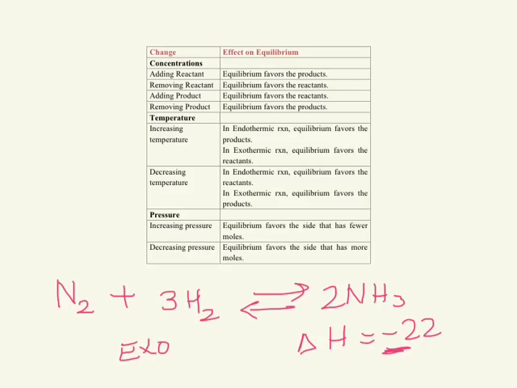So let's say what happens when you increase the temperature. For exothermic reactions, if you increase the temperature, equilibrium favors the reactant, means your reaction will go in this direction, to the left side. If you decrease the temperature, for an exothermic reaction, equilibrium favors the product.